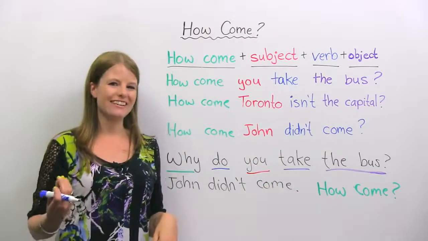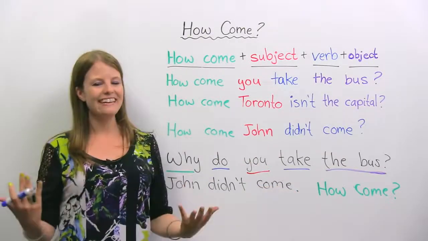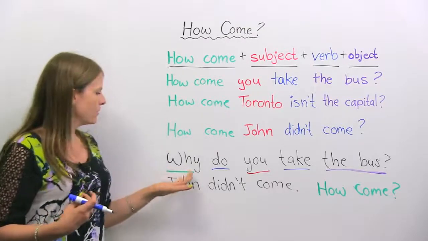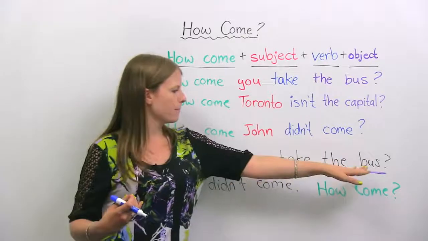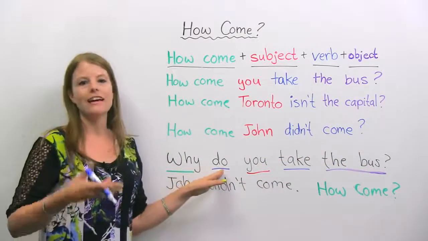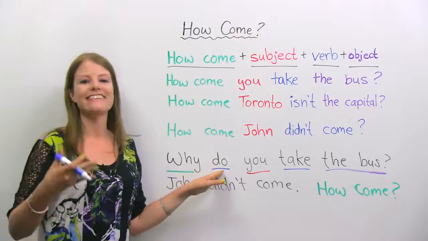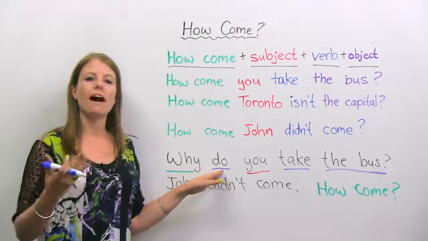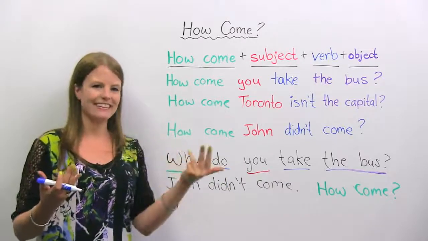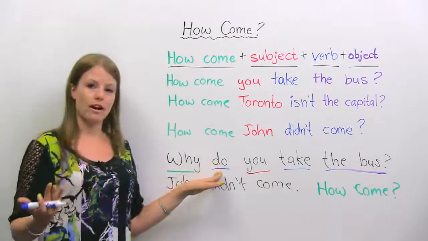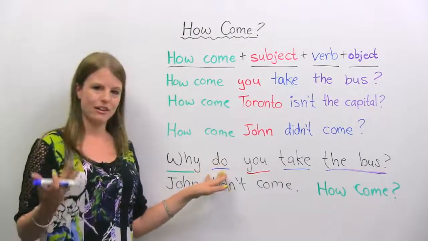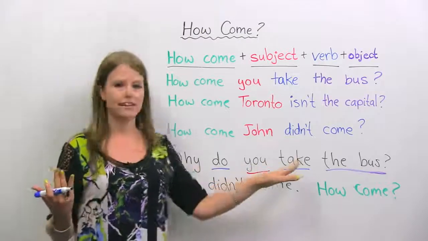And you'll actually notice how come is easier in terms of grammar than why. If you look here, why do you take the bus? You have this word here, do, okay? In other sentences, we say, why does he, or why didn't he? But there's always something like do, does, did, didn't here with why. And a lot of students forget to put this here. A lot of students will say, why you take the bus.